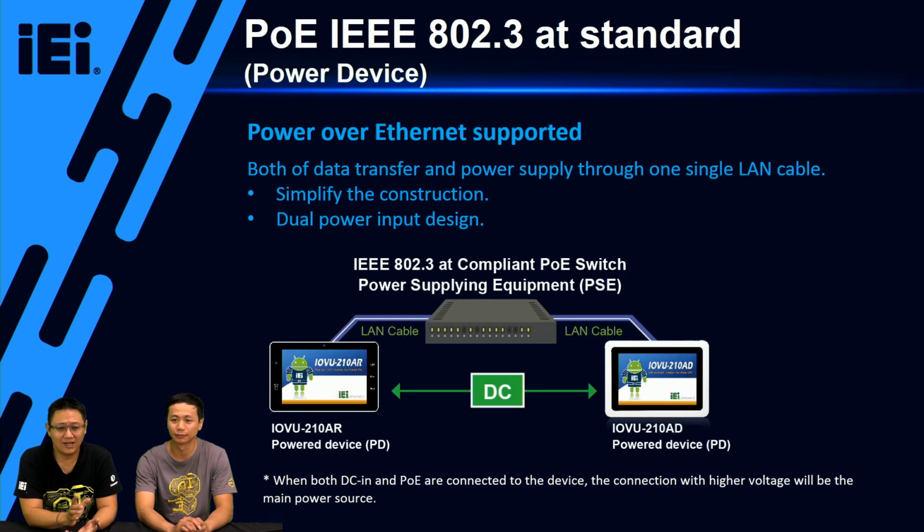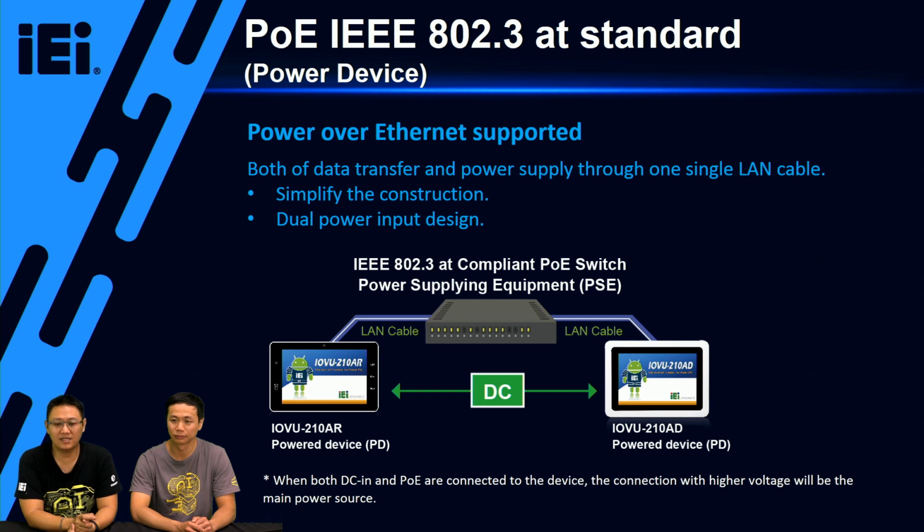Okay, our IOVU 10-inch models are PoE supported. So you will only need one PoE switch using an Ethernet cable to provide internet connectivity and power to the IOVU devices, which saves a lot of cost in materials, installation, and maintenance.